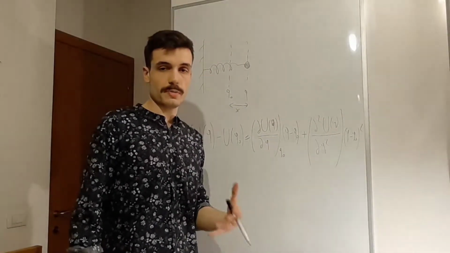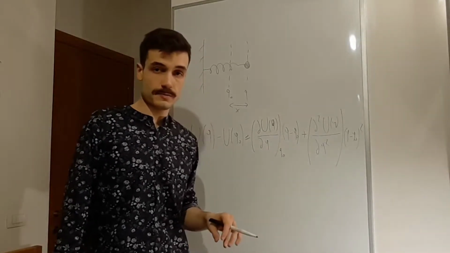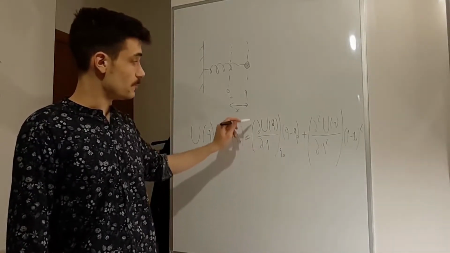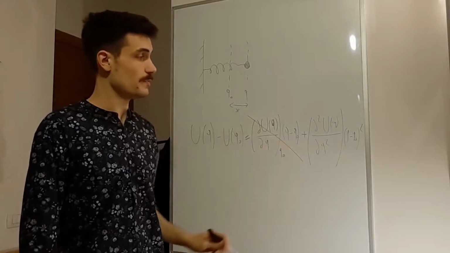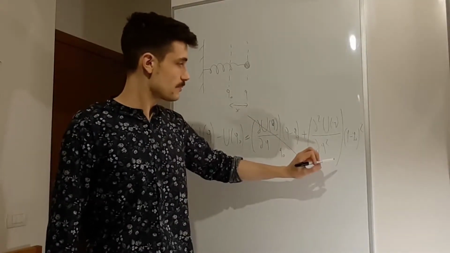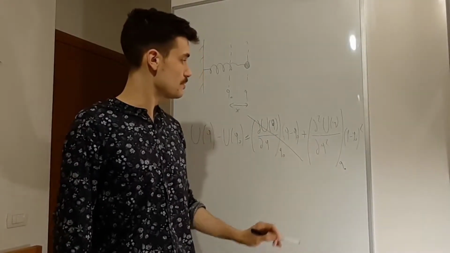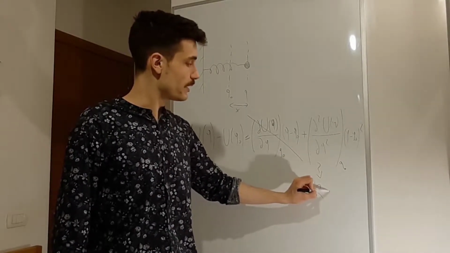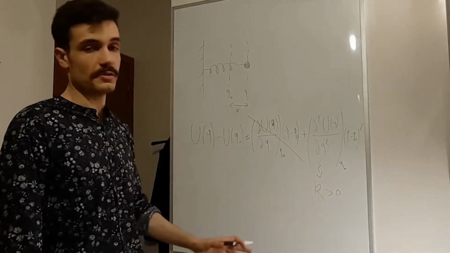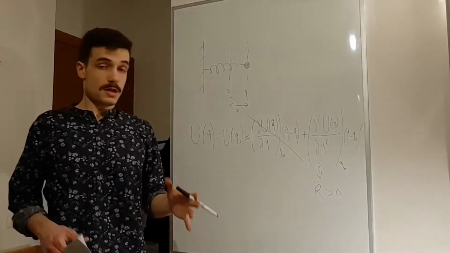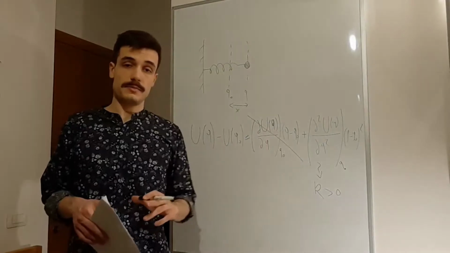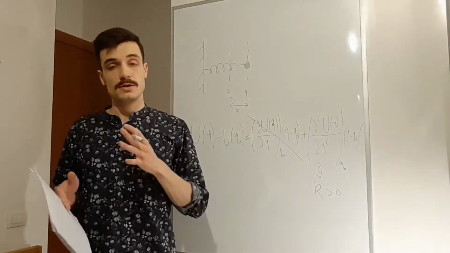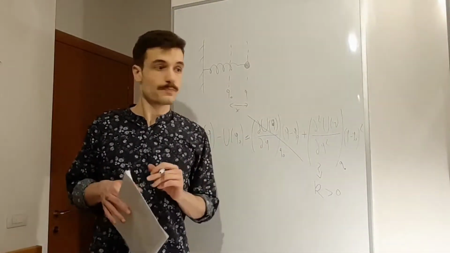Then we could go on, but we are stopping ourselves here. But this is a minimum, so the first derivative will be 0. And in the equilibrium position, the second derivative will be a positive constant that we will call k. And k is greater than 0 because in a minimum, the second derivative is always bigger than 0.